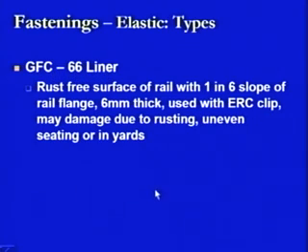So, what we have seen is that there are different types of fastenings which we can use. We have already seen that there are fastenings which are termed as conventional fastenings, or fastenings which can be termed as elastic fastenings depending on their nomenclature.